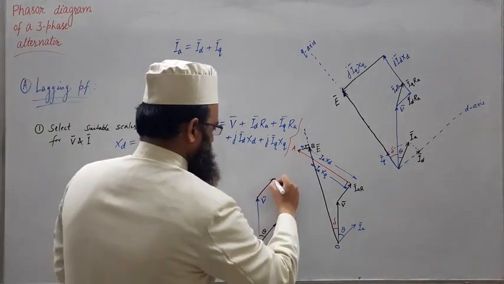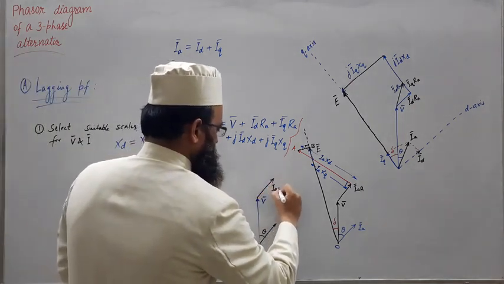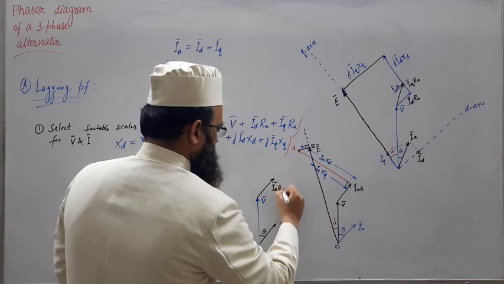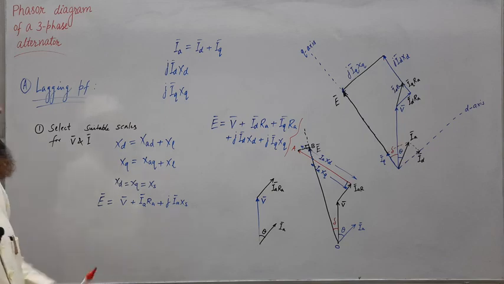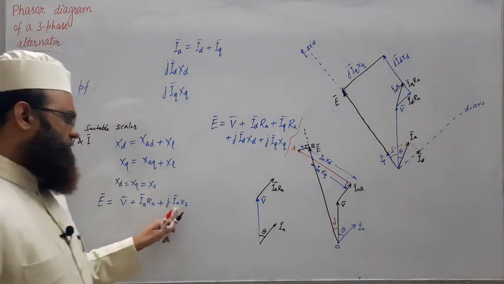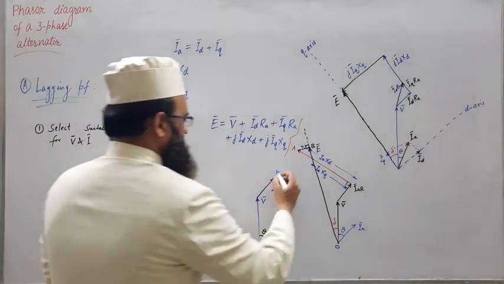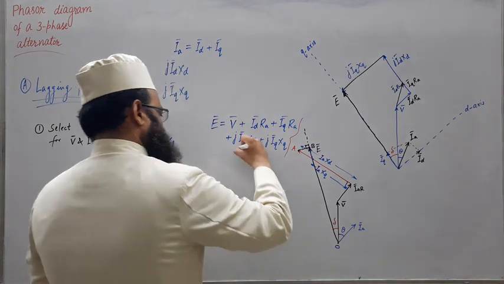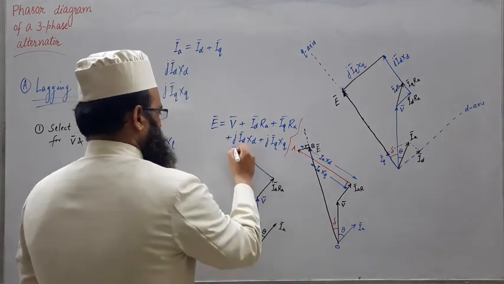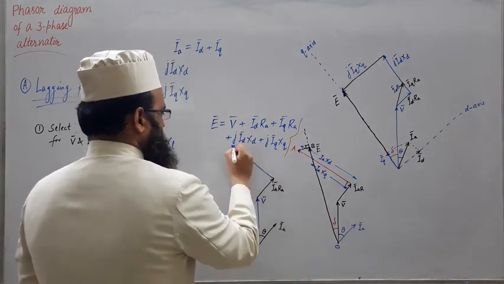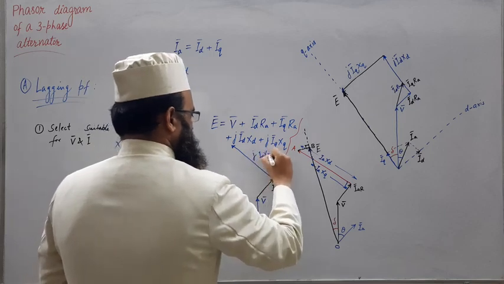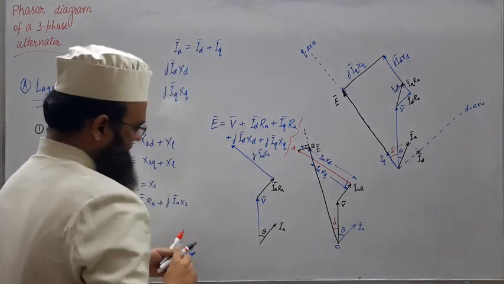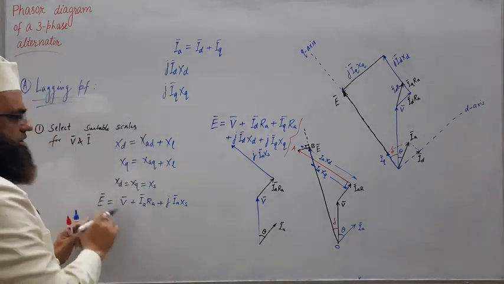So we can draw IA array. Then we have to draw j IA XS. Obviously it will be perpendicular to IA. So this is IA. So perpendicular to this will be somewhere something like this. Let us take it as j IA XS. Then we will get E.